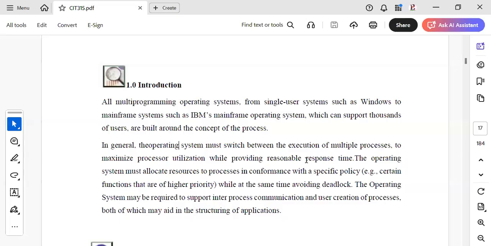What they're saying is that this process we are talking about, just imagine that I open three, four applications and I'm working on them simultaneously. Each of them represents a process going on my operating system. If there is no operating system to manage those processes, it means all the processes will just pop up at the same time on your screen.